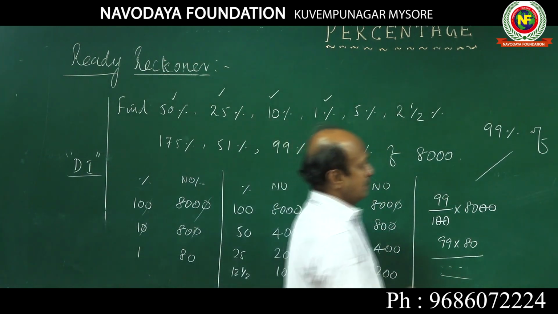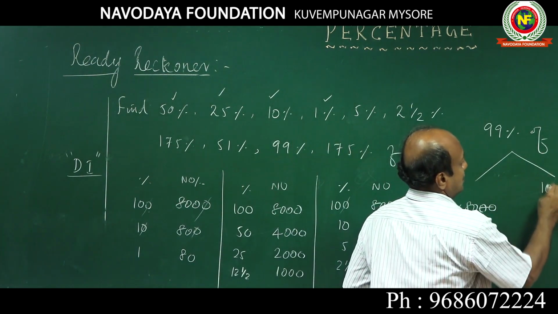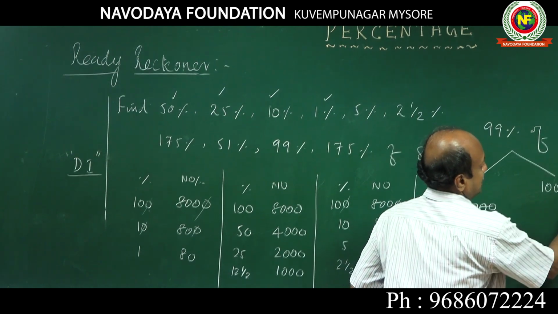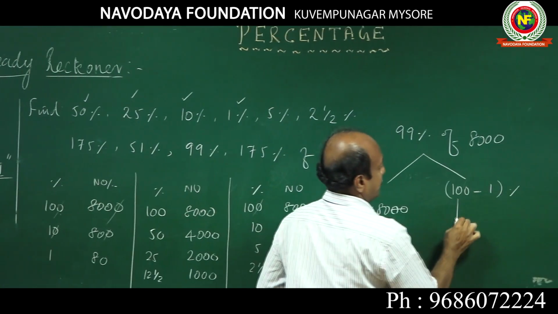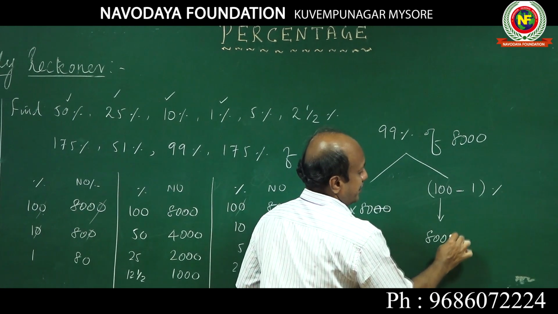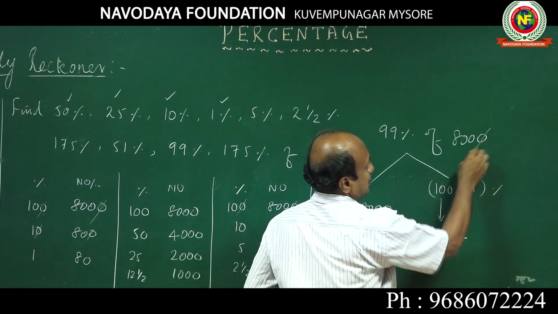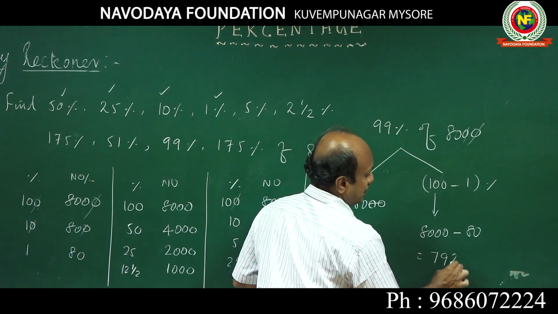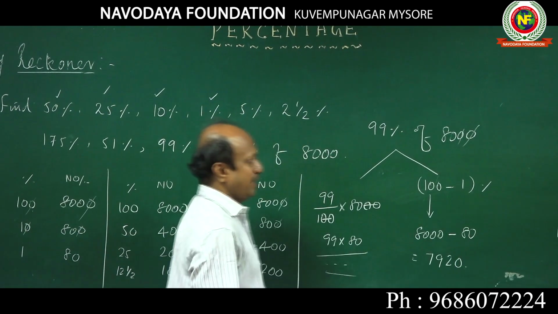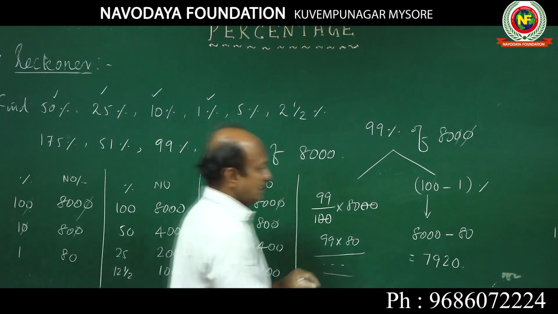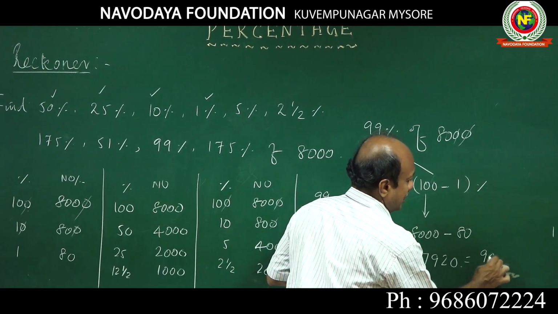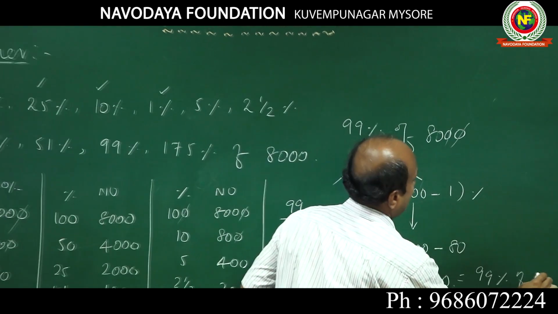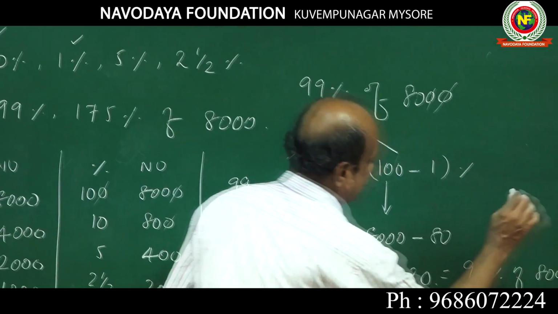But for competitive exams, you have to go for 100 minus 1%. What is 100%? 8,000. What is 1%? 1% is nothing but 80. Therefore, how much will I get? 7,920, which is equivalent to 99% of 8,000.